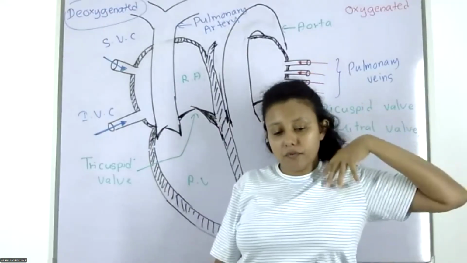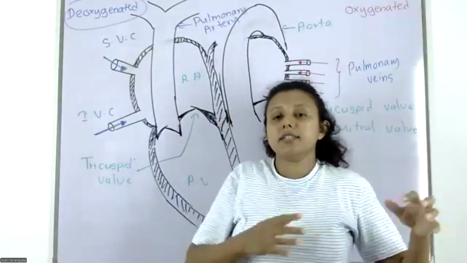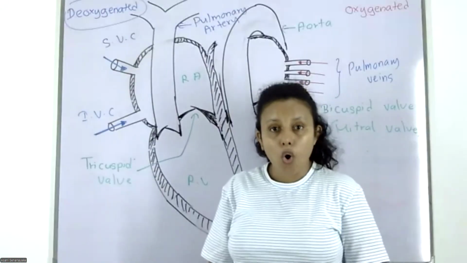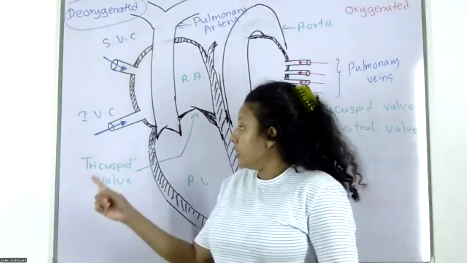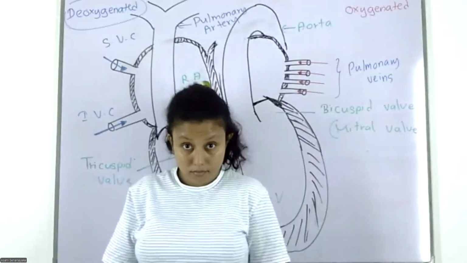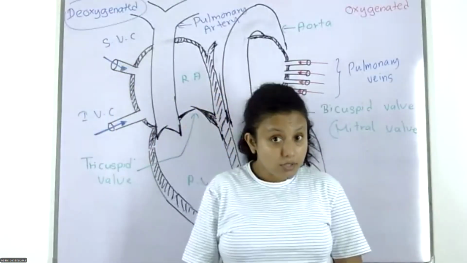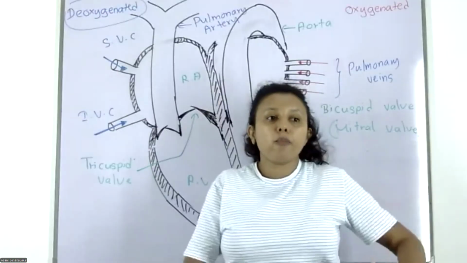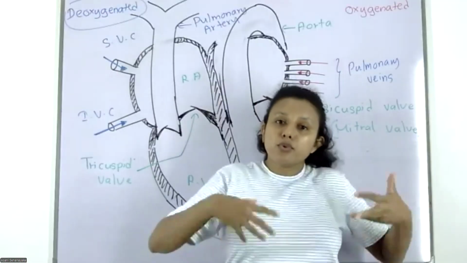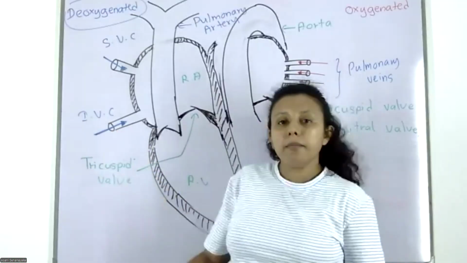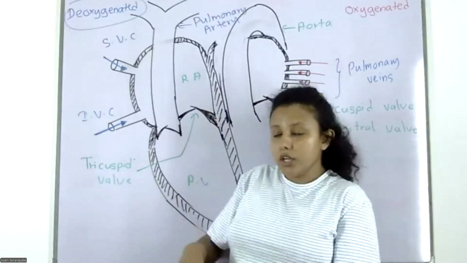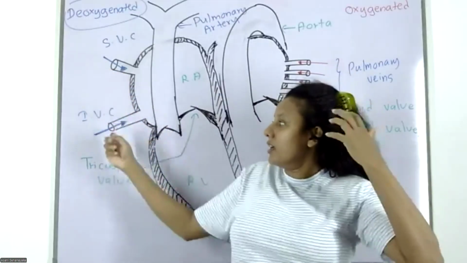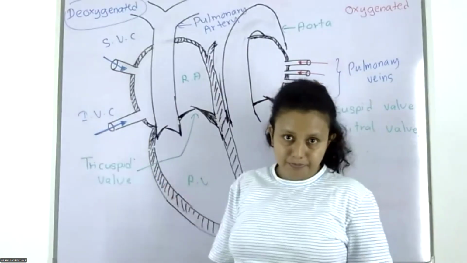And the inferior vena cava brings deoxygenated blood from the lower part of our body, like our legs and our digestive system. The inferior is down, the superior is upper.